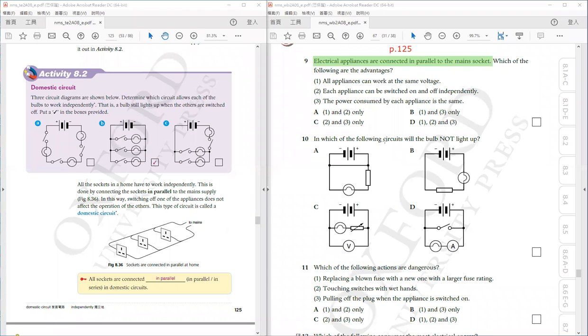So first one, they say all appliances can work at the same voltage. Yes, this is true. On the right hand side, I'm drawing the first branch, second branch, and the third branch, they have the same voltage. Therefore, statement 1 is correct.